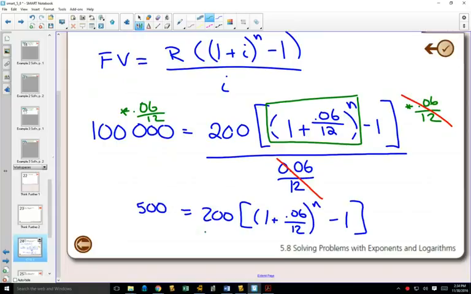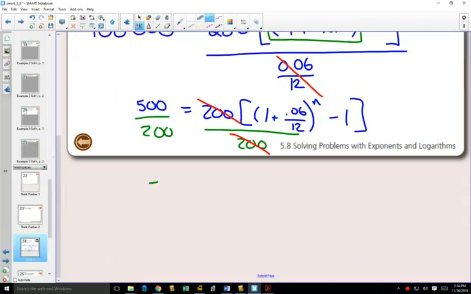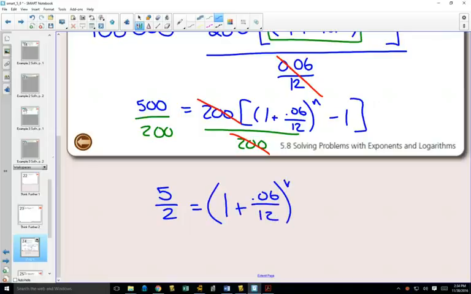Can you see that if I divide both sides by 200, this will get rid of that 200? And I have 5 over 2. 5 over 2 equals 1 plus 0.06 divided by 12 to the n minus 1.